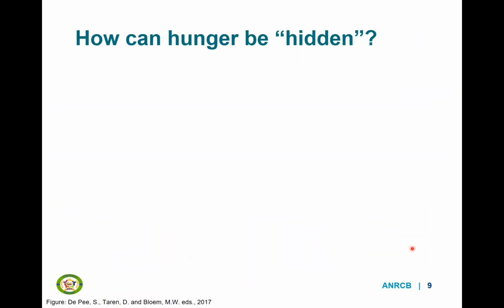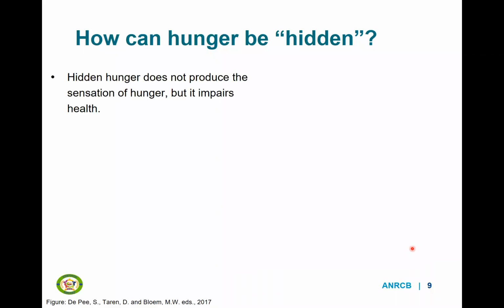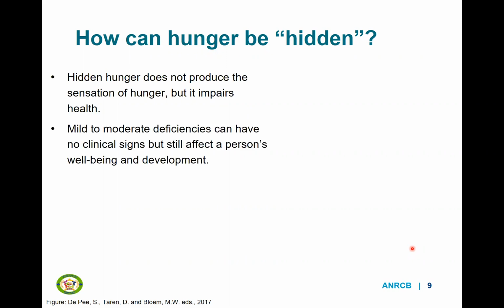Okay, let me talk a little bit more about what we mean by hidden hunger. It's a strange term to say that a hunger might be hidden. So hidden hunger is when you don't have the feeling of hunger, but your health is affected. When you have, for certain micronutrients, when the deficiency is mild or moderate, there will be no visible change or clinical symptom that can identify that deficiency, but a person is still affected.